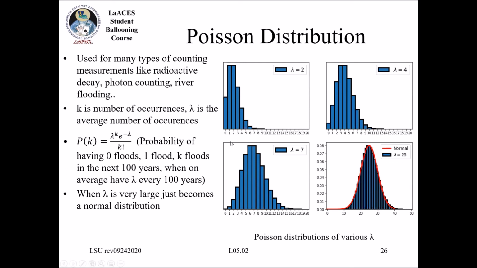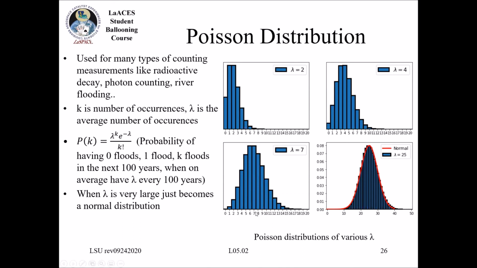One thing to note, as opposed to the normal distribution, this is not always symmetric. You can see here, when the average value, lambda, is small, it's very lopsided. But as it becomes larger and larger, it starts to become more symmetric.